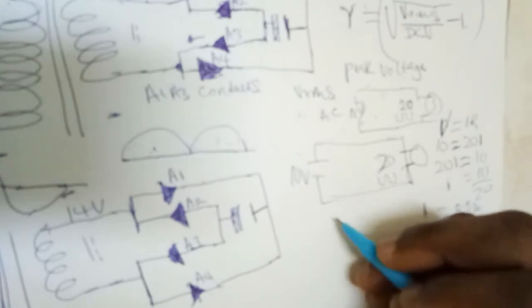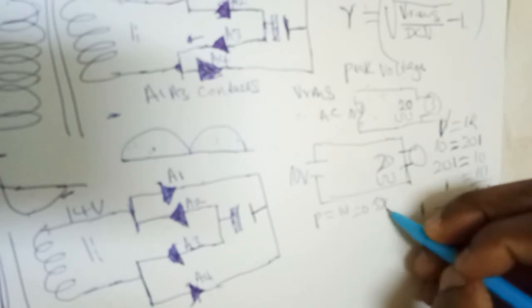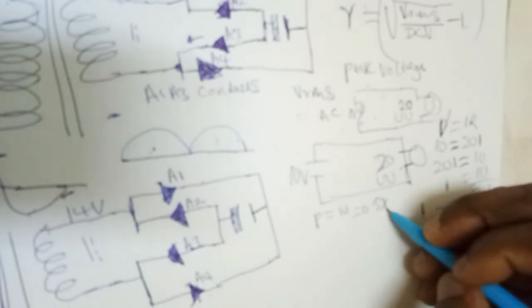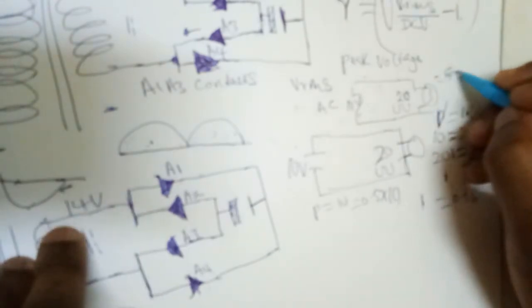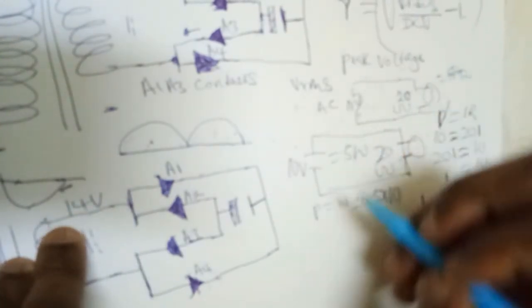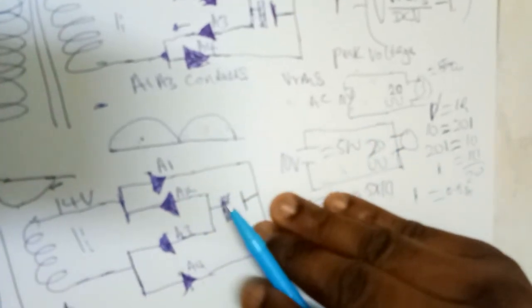Then P is equal to IV, equal to 0.5 times 10, equal to 5 watts. This is equal to 5 watts for DC, but for AC it's not the same.